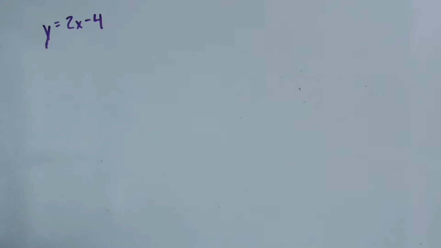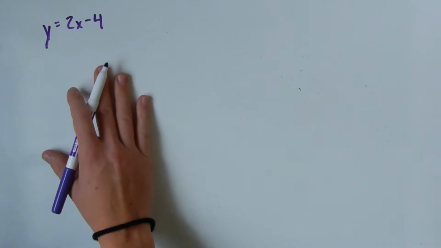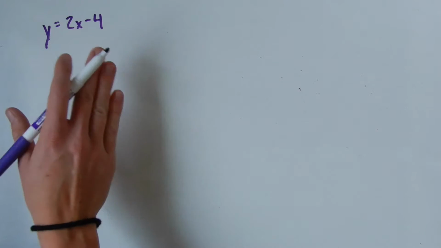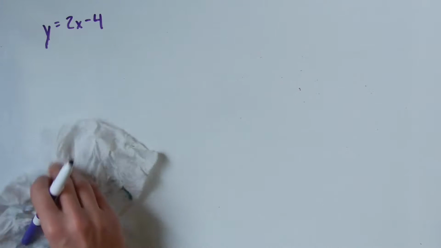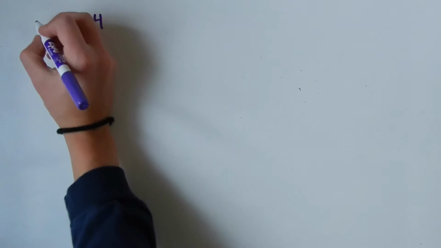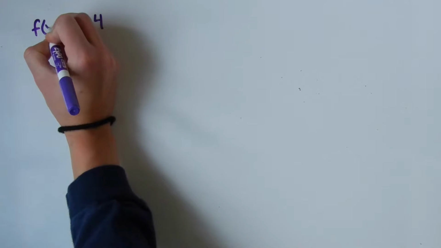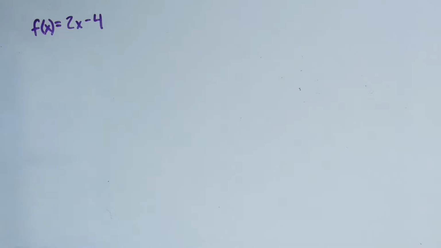The equation that I'm going to give you is y equals 2x minus 4. This is in slope-intercept form, and we are also able to write this as a linear function. Let's practice graphing functions. So let's go ahead and change this to a function. Using function notation, instead of y, we're going to say f of x equals 2x minus 4.